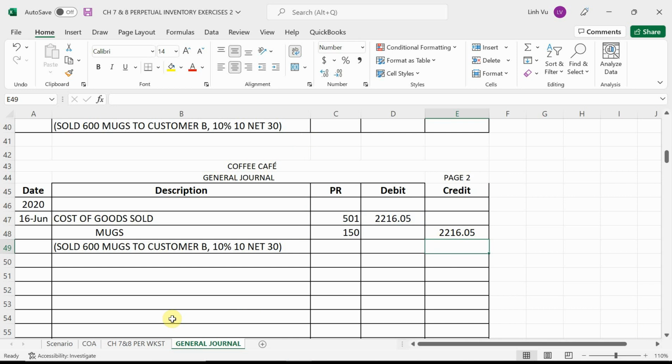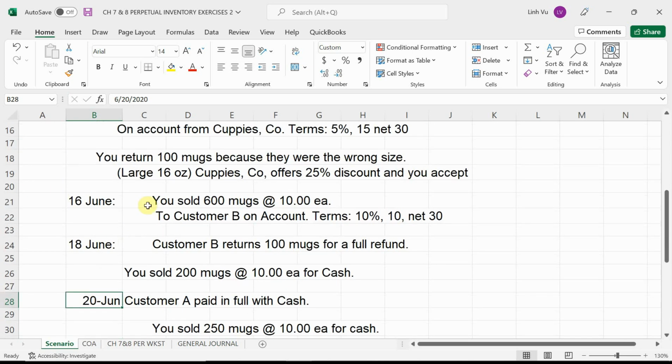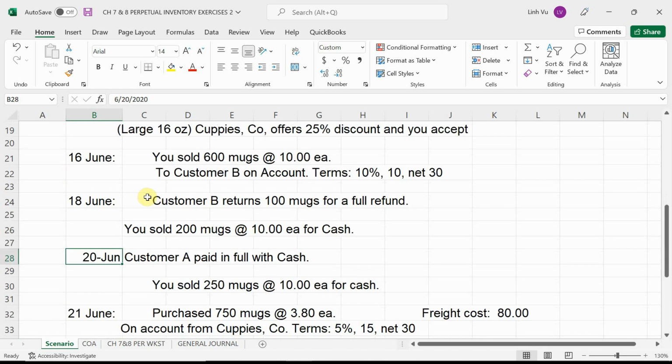All right, we have just about enough time to do the last problem here before we go on break. Even though I sold to customer B, let's go ahead and do June 18. On June 18, customer B decides to return 100 mugs for a full refund.